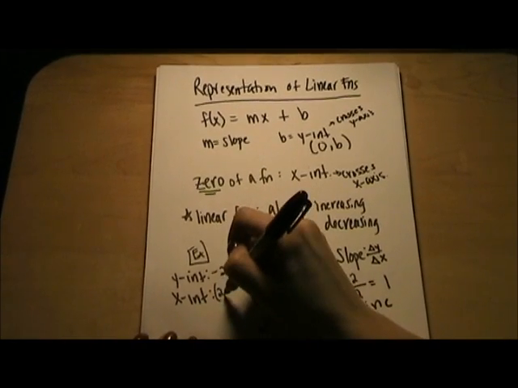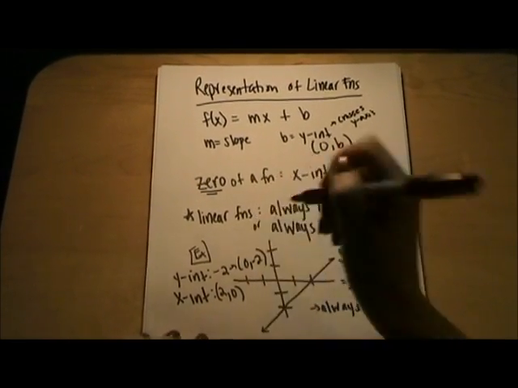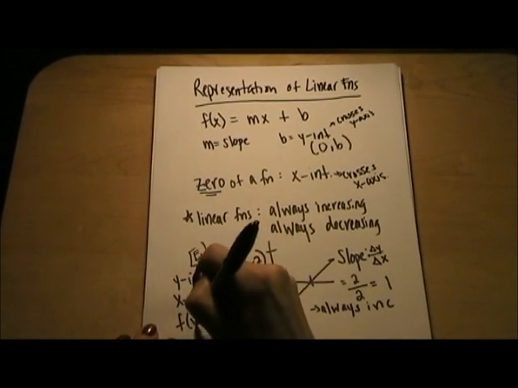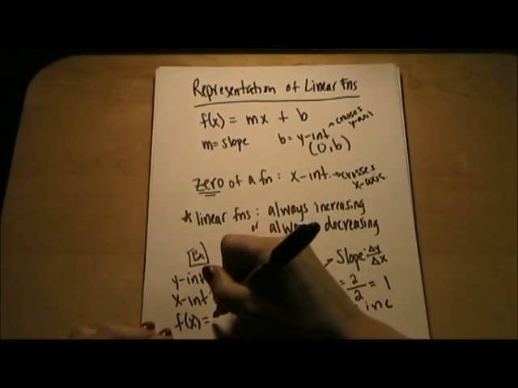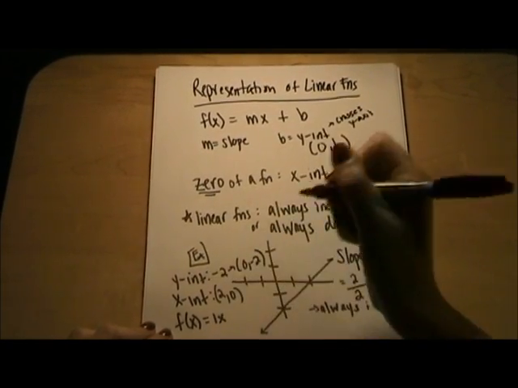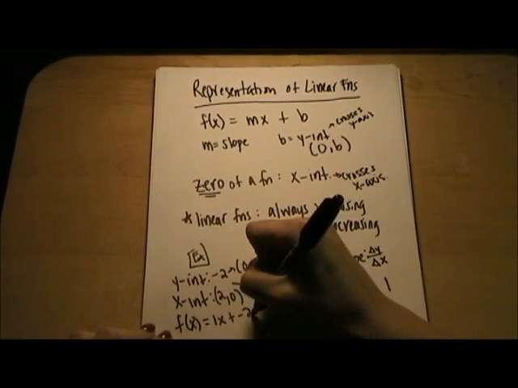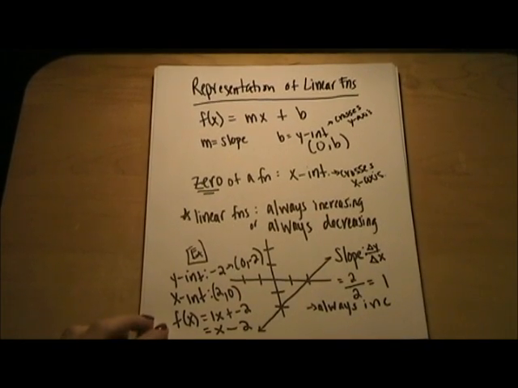So we can write this as 2, comma 0. We can write this as 0, comma -2. The formula for this would be f of x equals our slope, which was 1, times x, plus our y-intercept, which in this case was -2, which we can write as x minus 2.